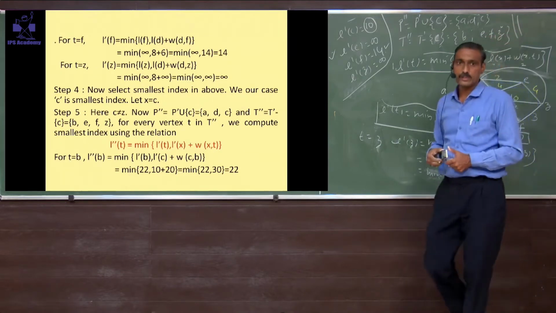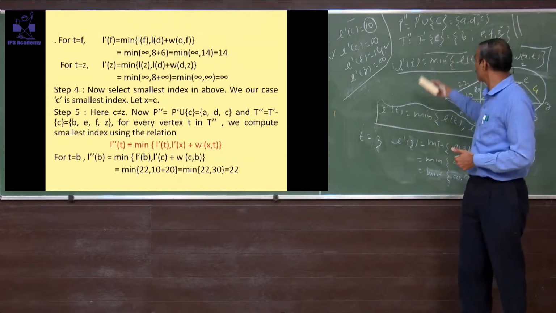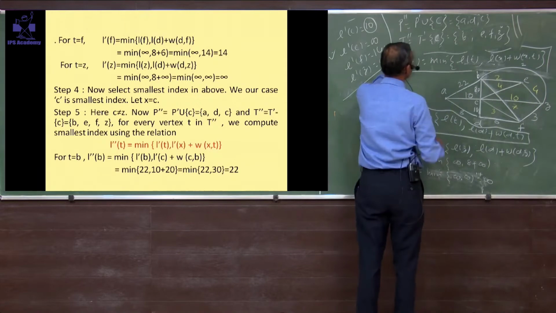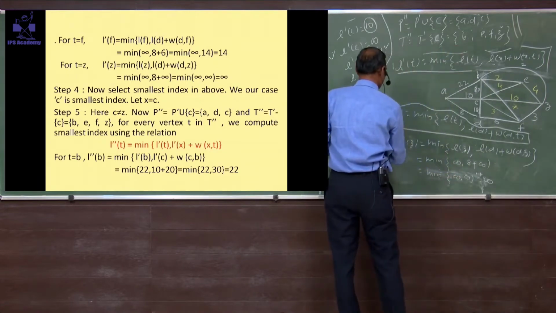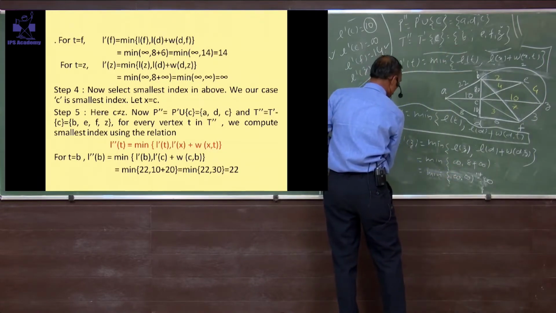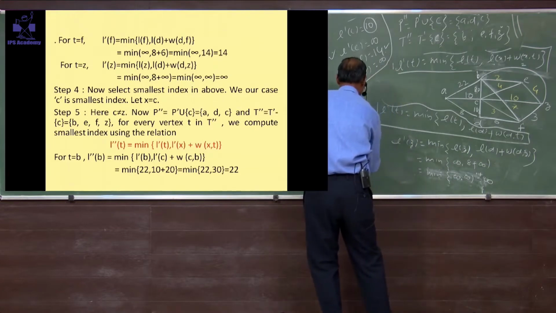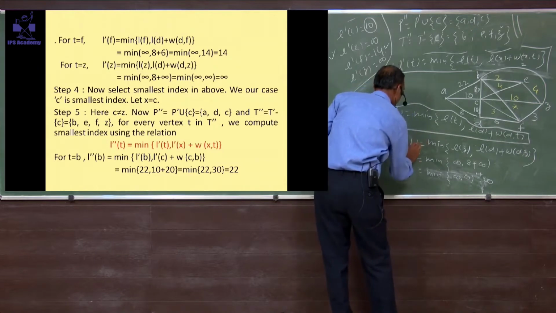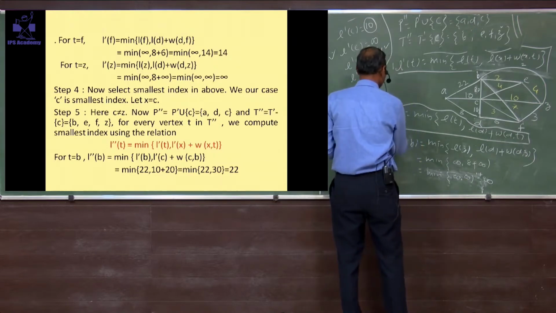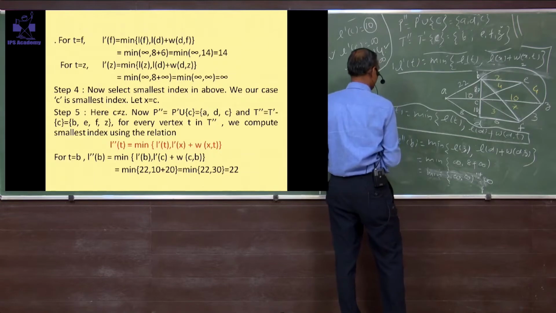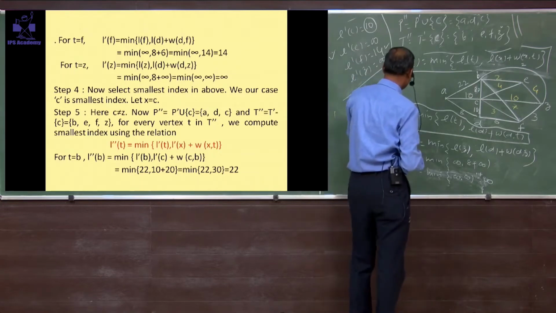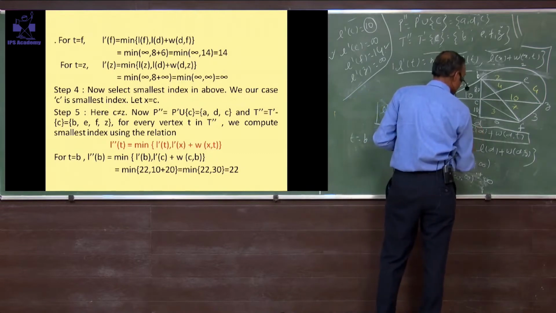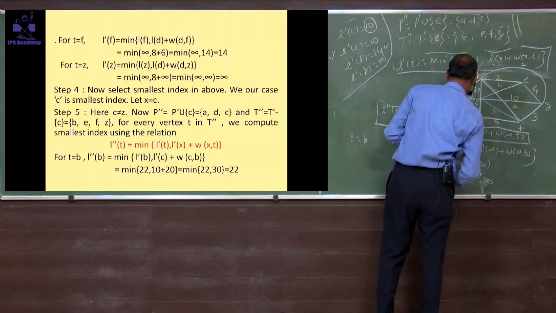What happened here? Now we are taking the first element, T equals B. The first element of T' is B. So we put T equals B. Here L''(B) equals, the formula changes only in notation: in place of L'(T), we take L''(T) equals minimum of L'(T) and L'(D) plus W(D, T), there is no change.